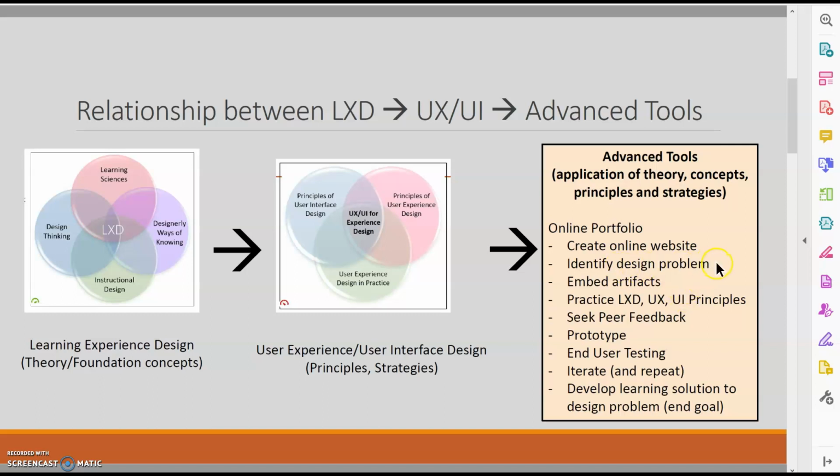So your design problem that you created in week 1, you will be starting to address in this week through these principles of ideation called divergent and convergent thinking, so that you can come up with a variety of ways or ideas around how to address or resolve the problem that you've identified in week 1. And then you're going to start looking at different kinds of online tools that you can use to build out your online portfolio.